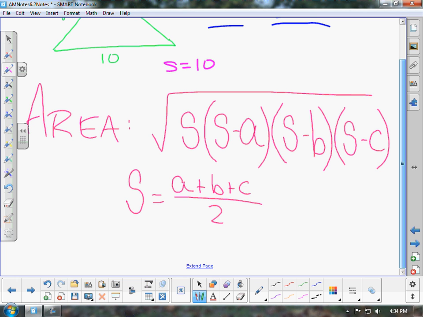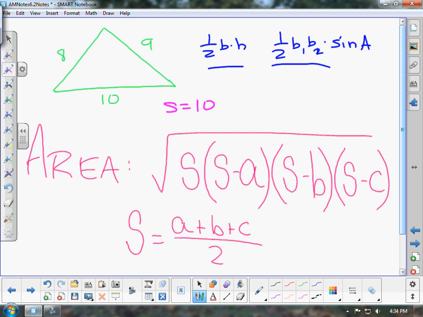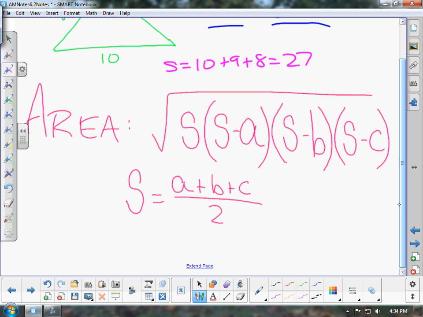is going to equal 10 plus 9 plus 8, which is 27. And so then to use this formula, it would be 27 divided by 2, which is 13.5.